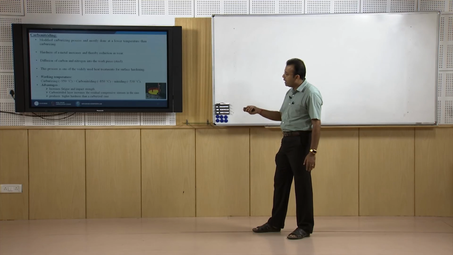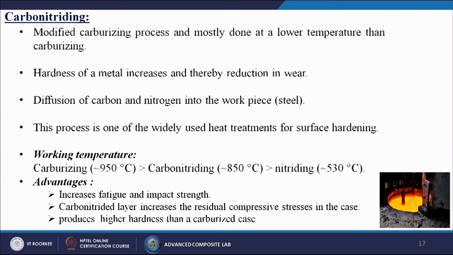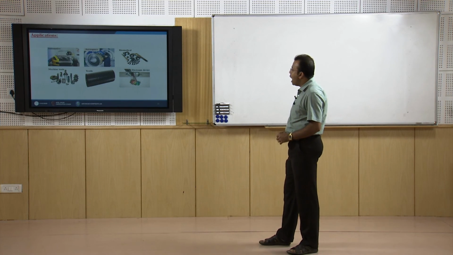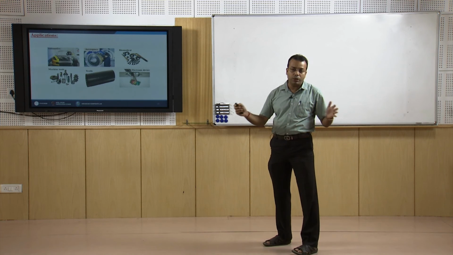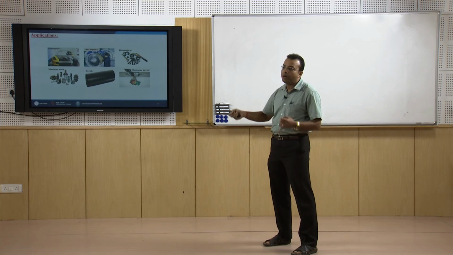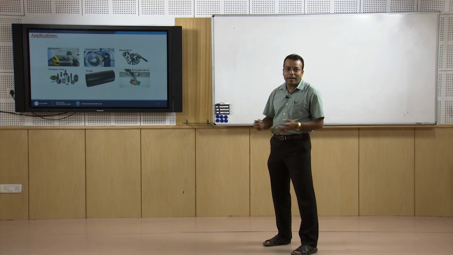Advantages: increased fatigue and impact strength, carbonitride layers increase the residual compressive stress in the case, and produce higher hardness than a carburized case. These are all applications where we do surface engineering. I have given very few examples, but there are n number of examples.